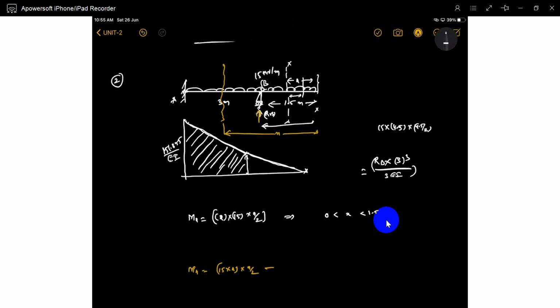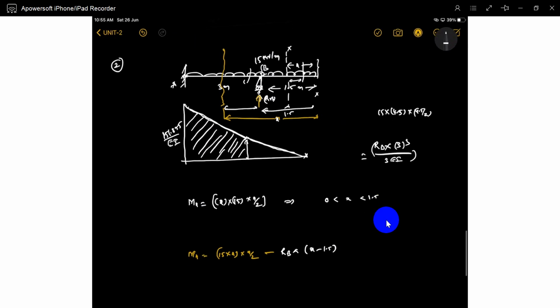This is a gravitational load, and this is opposite, RB into this distance. What is the distance? This is x, this is 1.5, so x minus 1.5. That is Mx, valid for 1.5 to 3. These are two moment equations.